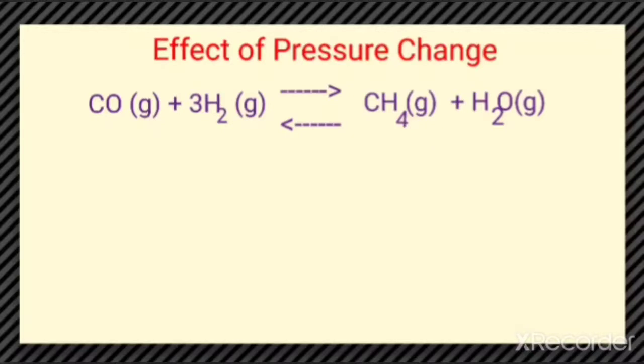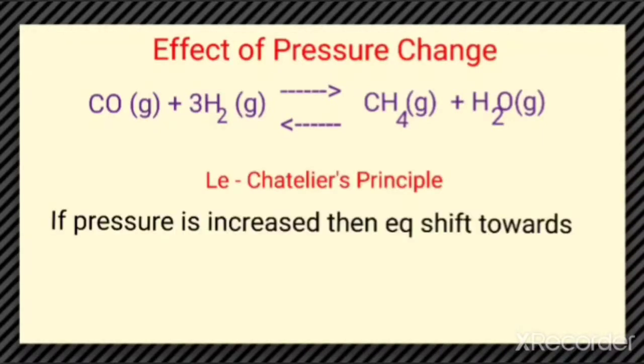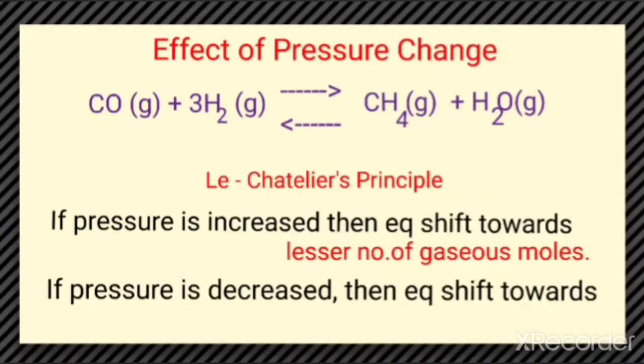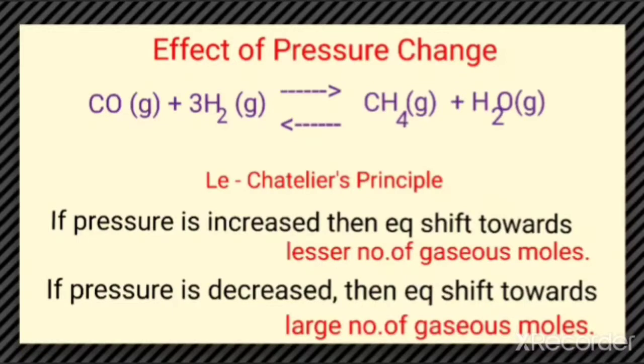According to the Le Chatelier principle, if the pressure is increased, then the equilibrium shifts towards the lesser number of gaseous moles, and if the pressure is decreased, then the equilibrium shifts towards the larger number of moles of gases.